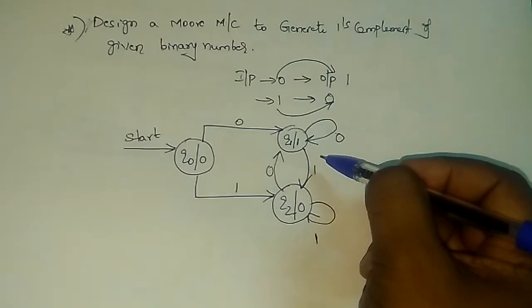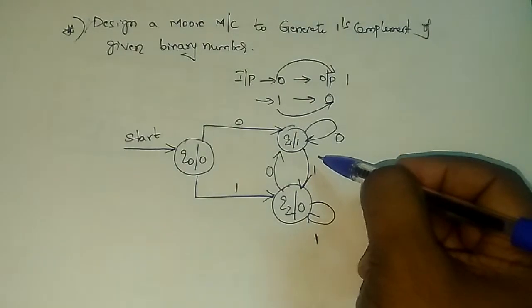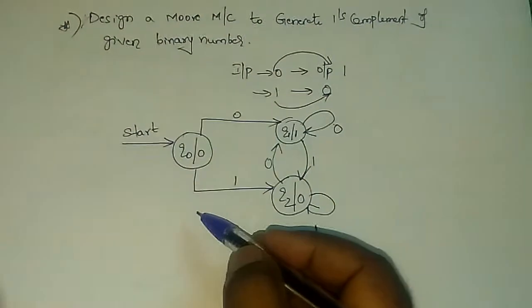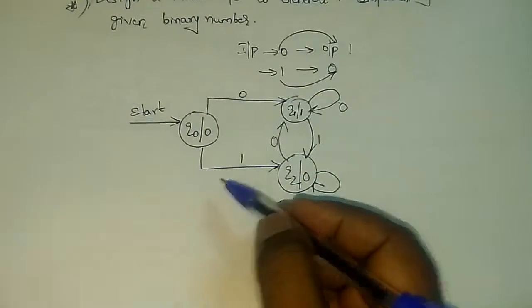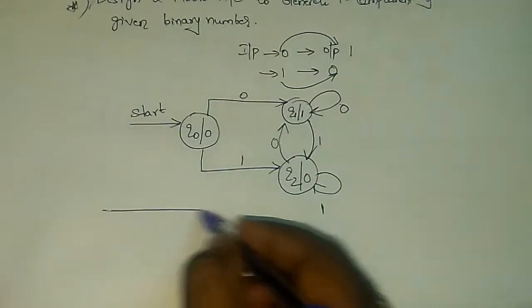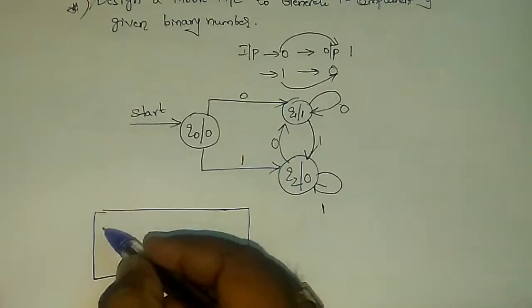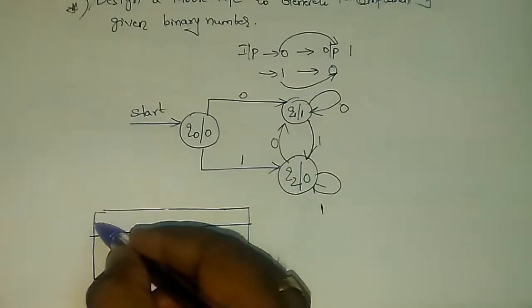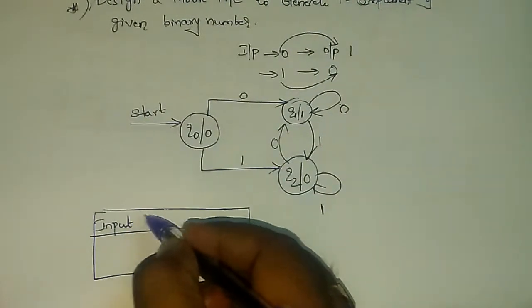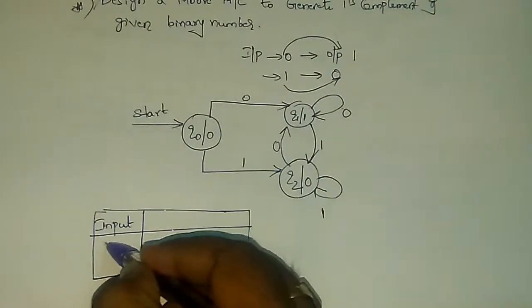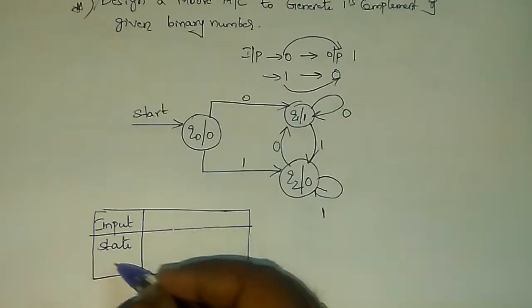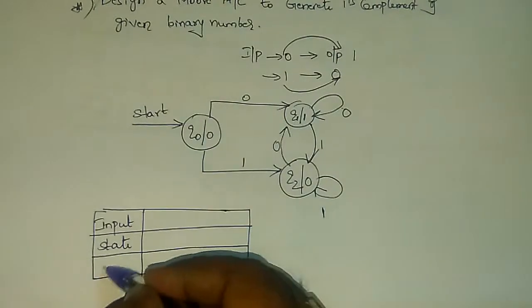Now let us take a binary number 1011 and check whether it's working or not. So my binary number is 1011. This is the input, state, output.